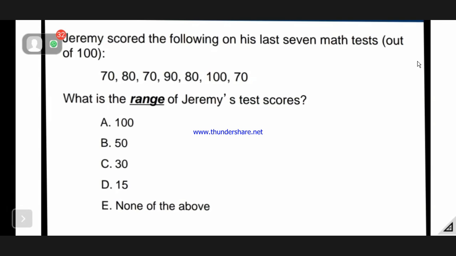30, ma'am. Yeah, the answer is 30. Highest value minus the lowest value. Therefore, 100 minus 70 is equal to 30.